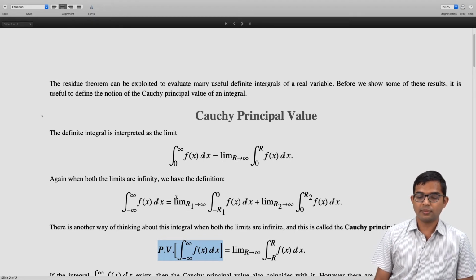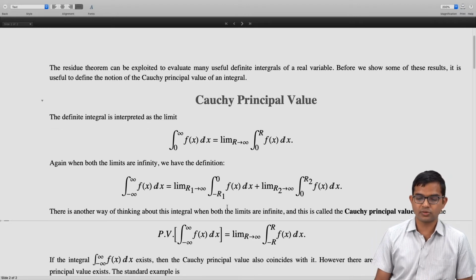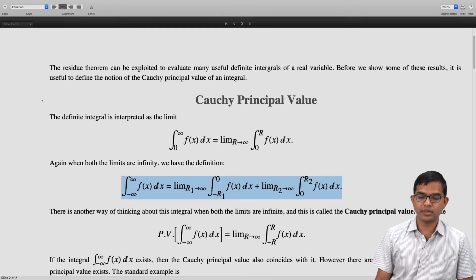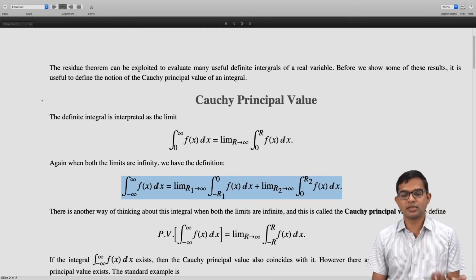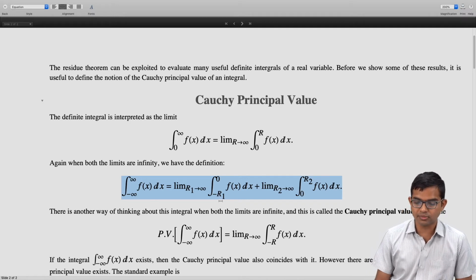So I mean, it might look like both are the same, and often they are, right? But there are cases where these two quantities are not quite the same, right? So if this integral exists, if both of these limits exist, then for sure it's the same as the Cauchy principal value. But the other way around may not be true. So let's look at an example, right?